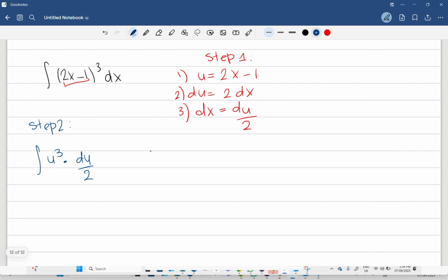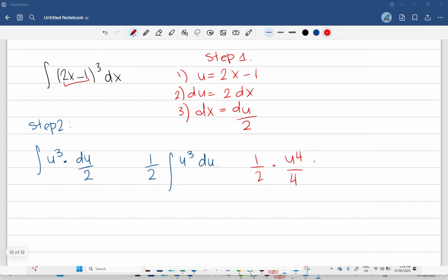So I'm going to take my half outside: 1 over 2 times the integral of u to the power of 3 du. Now I'm going to ignore the constant, like we said in the 4.7 video, and find the integral of u to the power of 3. It's going to become u to the power of 4 over 4. Obviously here we're going to put the half.